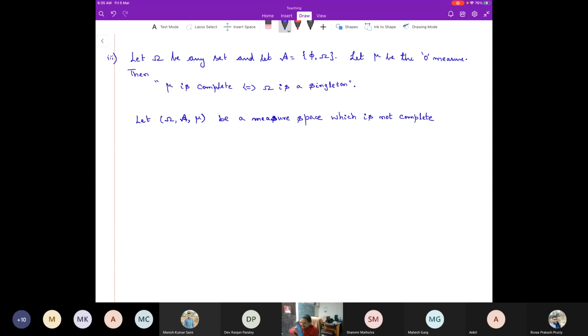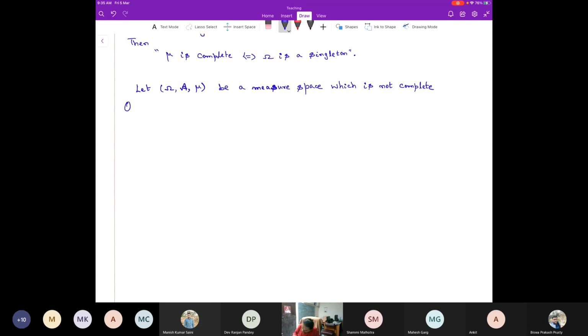So similarly, given a measure space which is not complete, can you extend it to a complete measure space? So first question is, what do you mean by extend? In what sense?